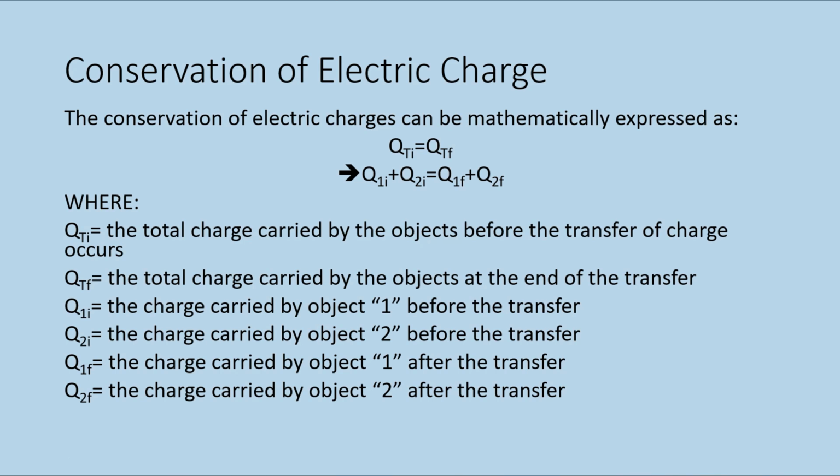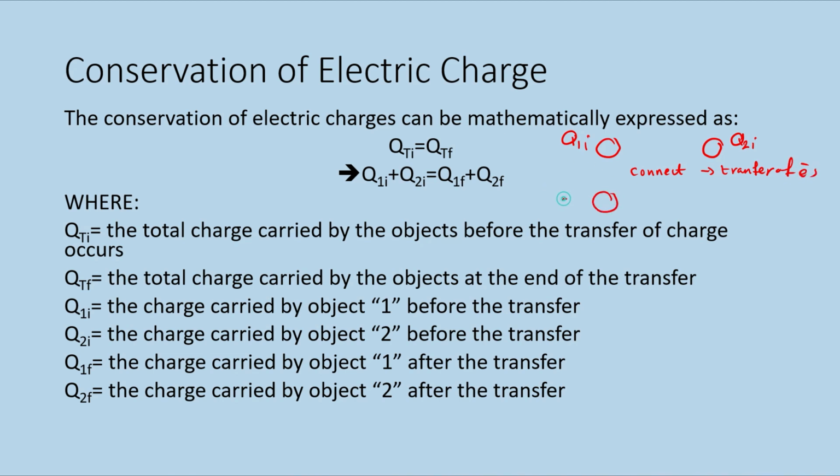The conservation of electric charges can mathematically be expressed as Q total initial equals Q total final. Assume that we had an object 1 that had an initial charge, and we have an object 2 that had an initial charge, and then we connect them so that there is a transfer of electrons.